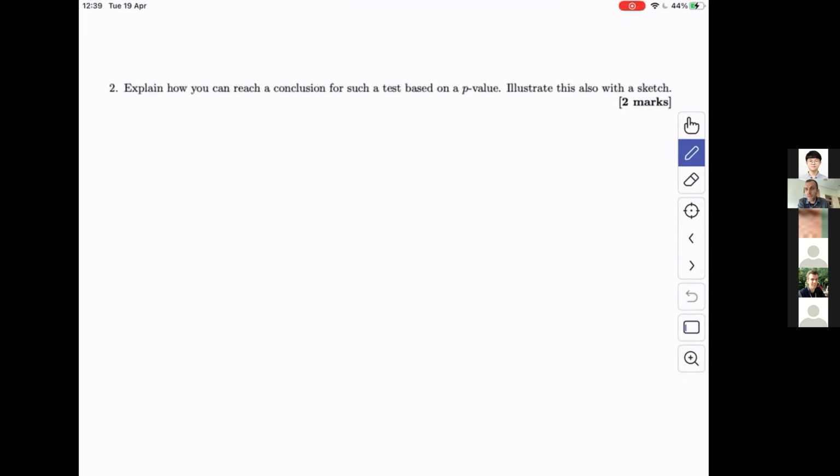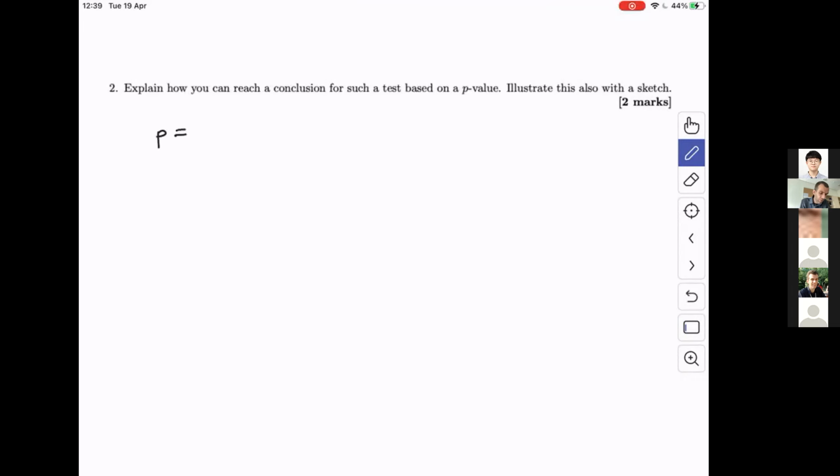So then the next question is, run that test and tell me something about how you could use that knowledge to reach a conclusion. This is not so much about the calculation, but more about explaining what you're going to do and why that is relevant. So the main figure to keep in mind for all of hypothesis testing is that we basically want to say something about the p-value.